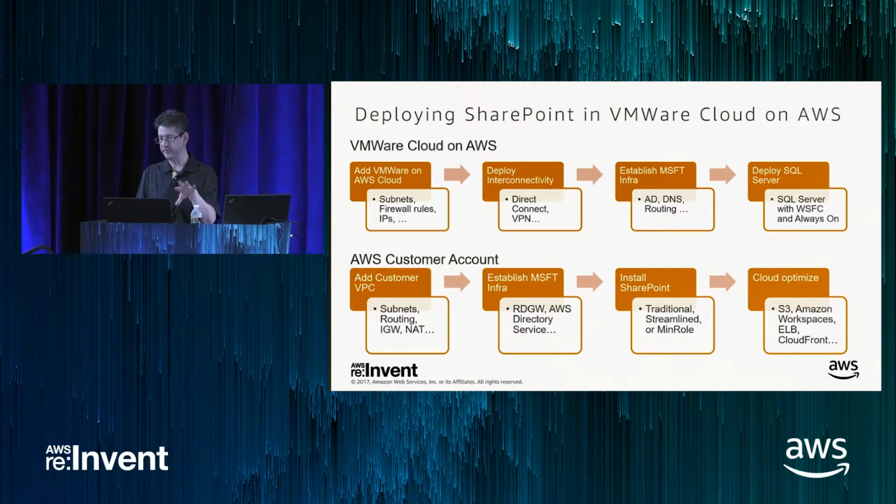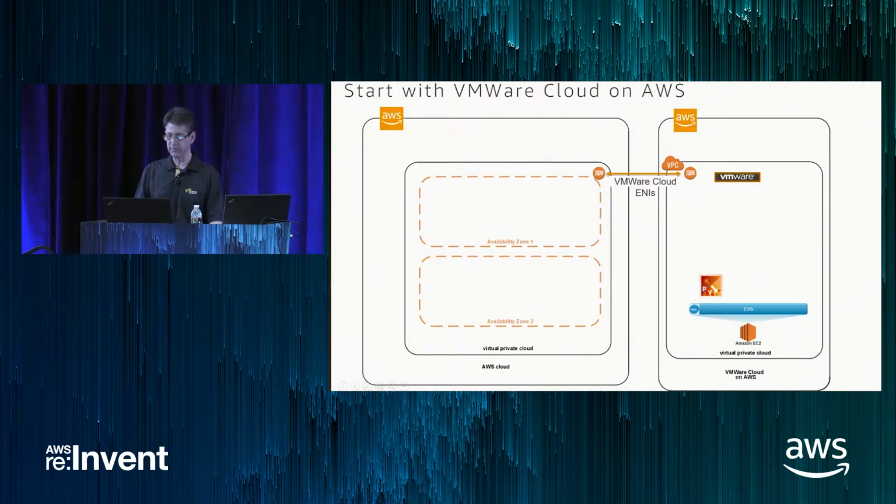So any of the cloud services that are available on the AWS side, you could then attach to a SharePoint architecture. So this is the roadmap, and what I want to do is walk through how we would set this up, and I'll come back to the why piece once I've walked through the basic building blocks.